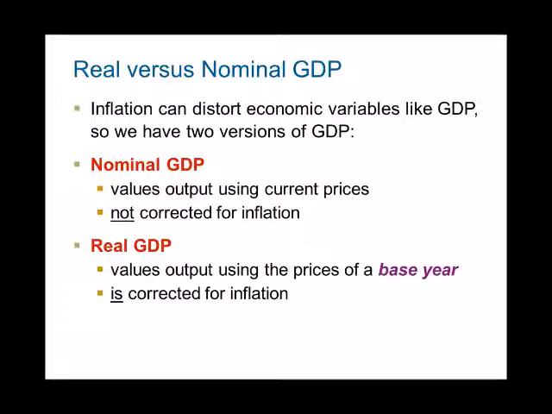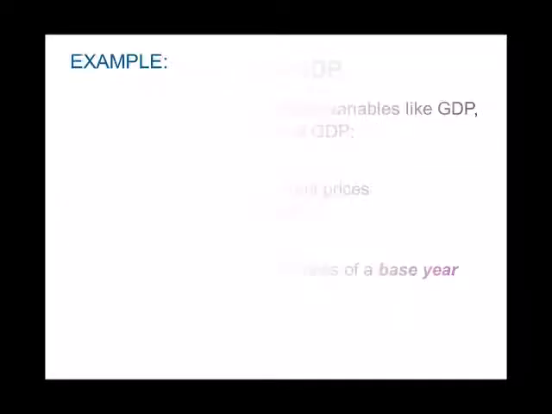Prices go up every year, and we're going to study it in the next couple of chapters, so we want to make sure that we are actually producing more, and not just that the amount we're producing is being inflated by higher prices.